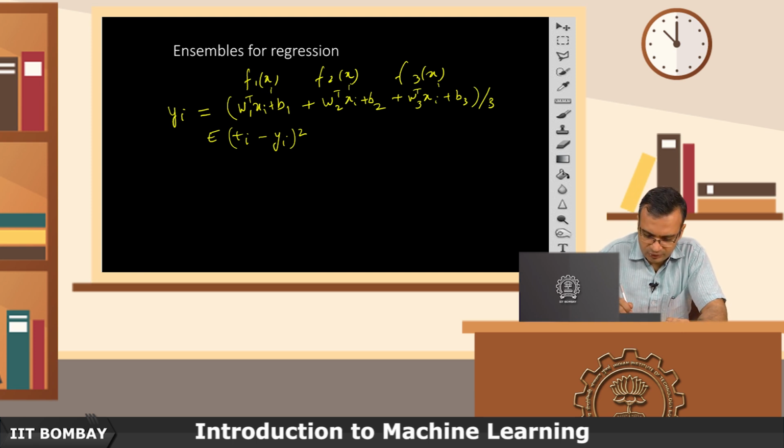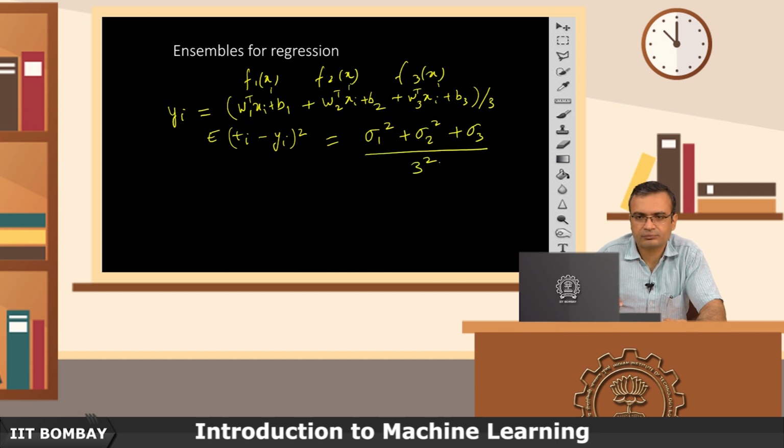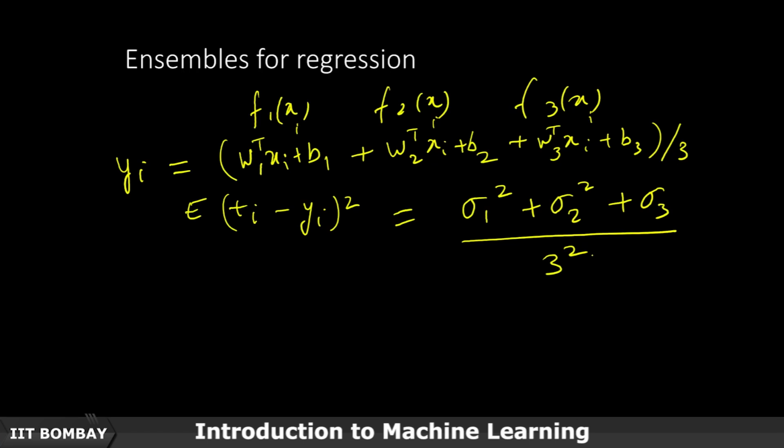It turns out that we will have sigma 1 square plus sigma 2 square plus sigma 3 square, not divided by 3 but divided by 3 square. So what that means is that the standard deviation of the error, when I take the square root, is going to be 1 by square root of 3 times the average standard deviation of the three different constituents.